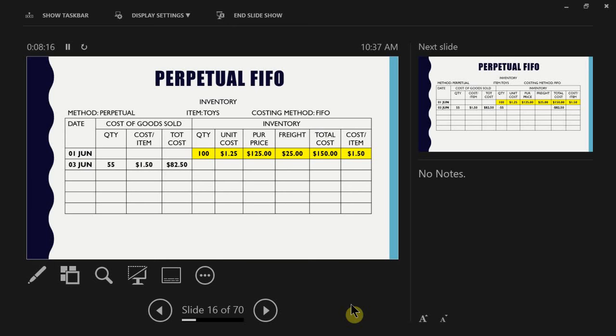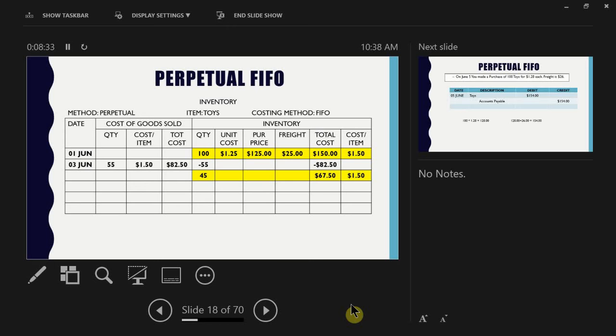So what I'm essentially going to do is subtract 55 items right here in my purchases, and it's going to cost me a total of $82.50, to bring me now to 45 items available, costing me a total of $67.50.